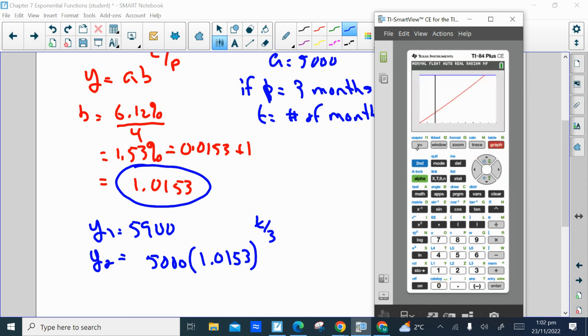Now we can see the point of intersection. Second function trace, number 5 for intersect, enter, enter, enter. And it's 32.701 months.